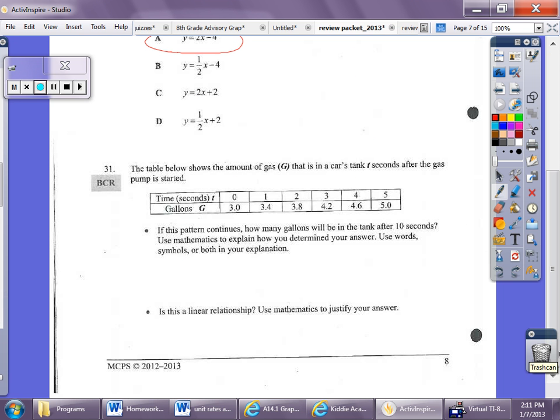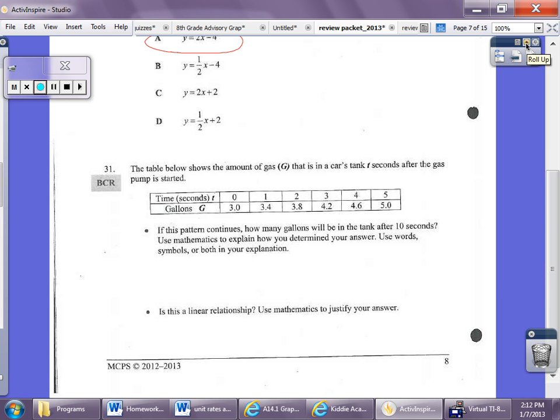When we look at question 31, the table below shows the amount of gas that is in a car's tank t seconds after the gas pump is started. If this pattern continues, how many gallons will be in the tank after 10 seconds? Well, there's two things that we can do. We can write an equation and then evaluate the equation for 10 seconds, or we can just simply extend this pattern.